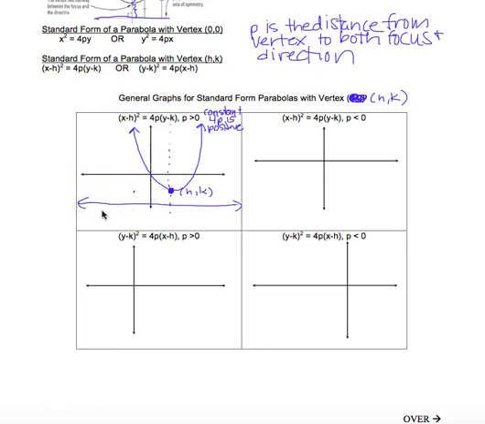So our directrix, in this case, we would have y equals, since it's horizontal, and the y value there, because it's down p units, would be k minus p. Then my focus, and try to make it look like it's equidistant here, focus would be inside. It's going to have the same x coordinate as the vertex did, but then I'm going to go k plus p for its y coordinate.